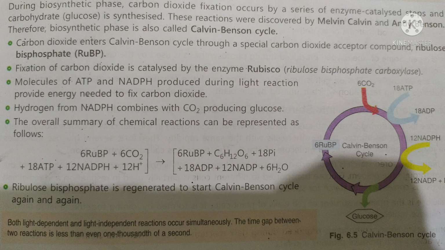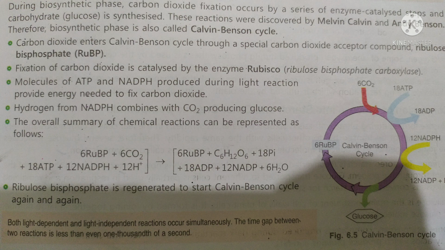In the carboxylation phase, RuBP, that is ribulose 1,5-bisphosphate, undergoes carboxylation by addition of carbon dioxide and forms 2 molecules of 3-phosphoglyceric acid, and this reaction is catalyzed by the enzyme RuBP carboxylase.